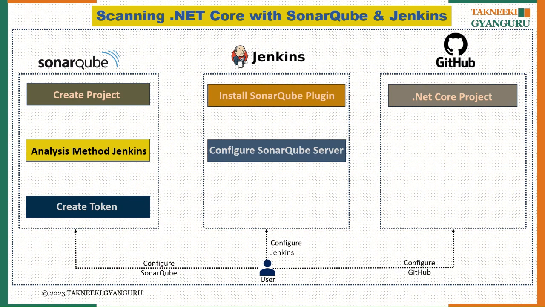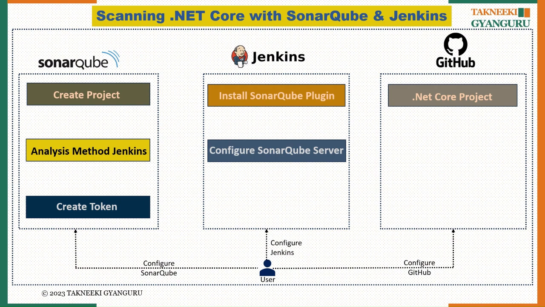If you want, I can also put the link in the description, where we created a .NET project using Visual Studio Code, and then pushed our code from Visual Studio Code to GitHub, also from the command line.